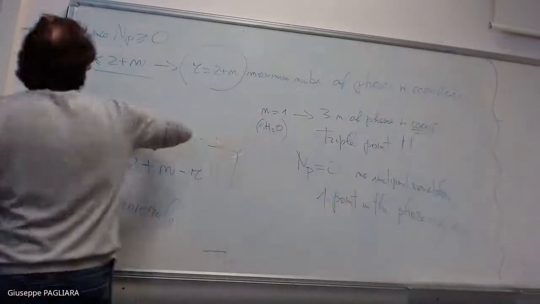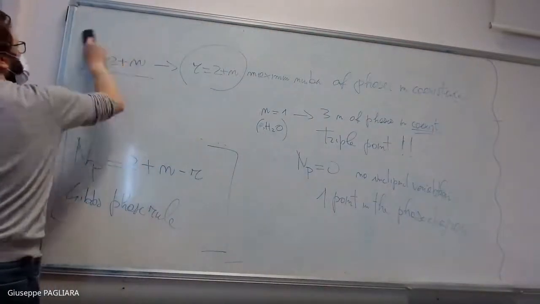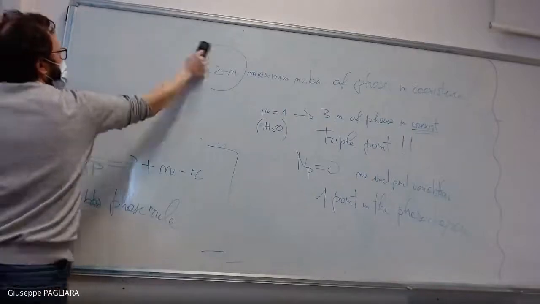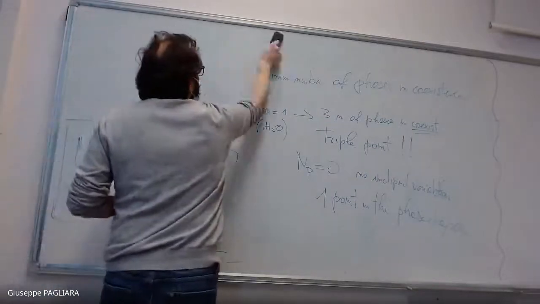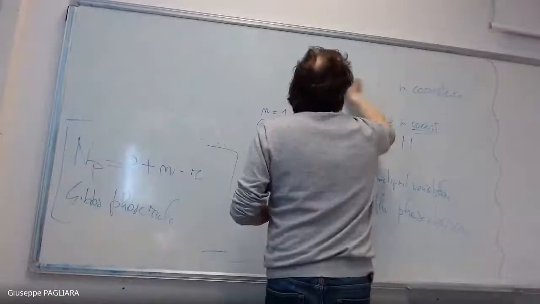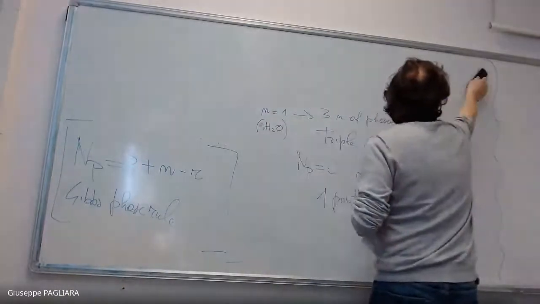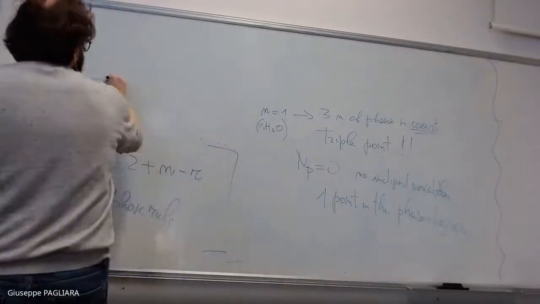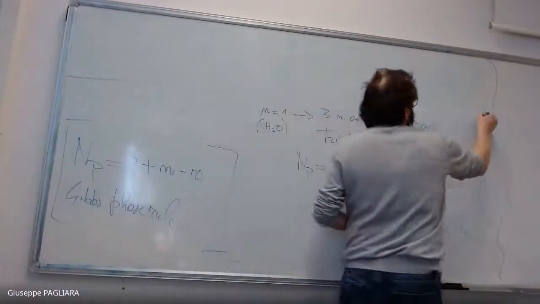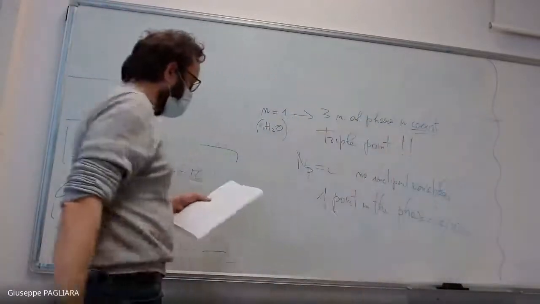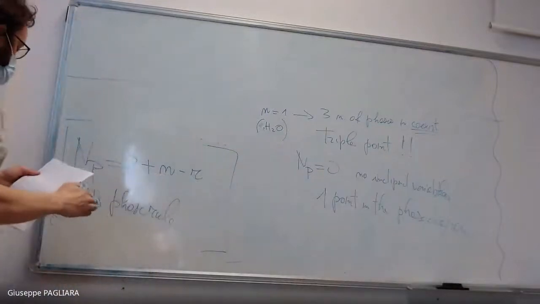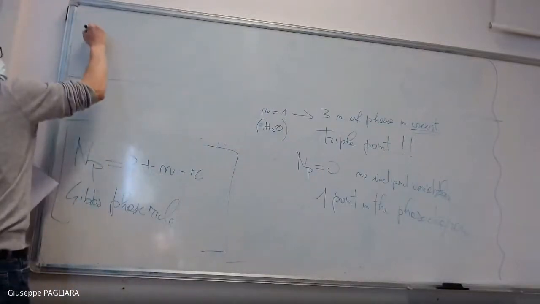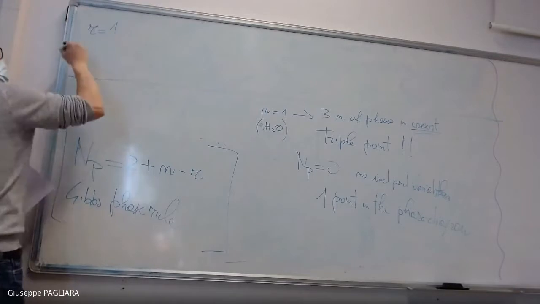Now, this rule also determines the number of independent variables for a single phase, or for a mixture of 2 phases or 3 phases, or however many phases I want. Indeed, the applications are several. It's a very nice rule. So suppose that I have r equal to 1, so just one phase.